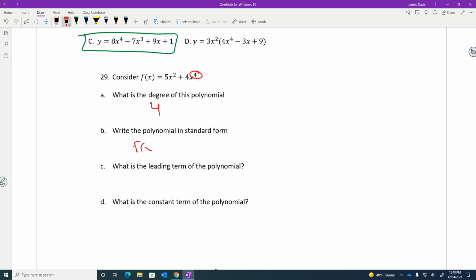It's just going to be f of x equals 4x to the 4th plus 5x squared. And then the leading term is just going to be the entire term that's first here, 4x to the 4th. And the constant term, any constants there?